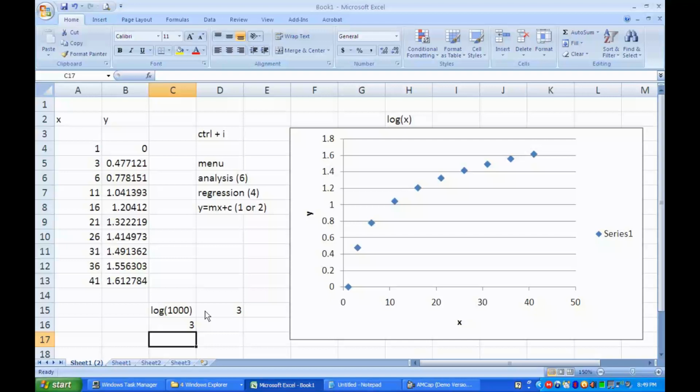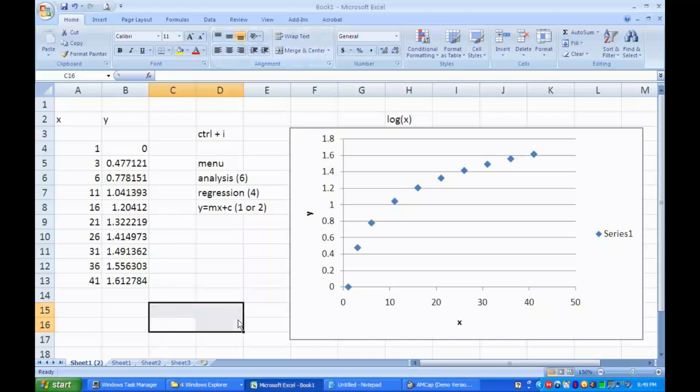So you need to make your x values much, much bigger before you start seeing your y values go up. If you had log of, let's say, 1,100, it's not much bigger than 3. It is bigger, but you increased your x value by 100, and your y value only went up by 0.04.